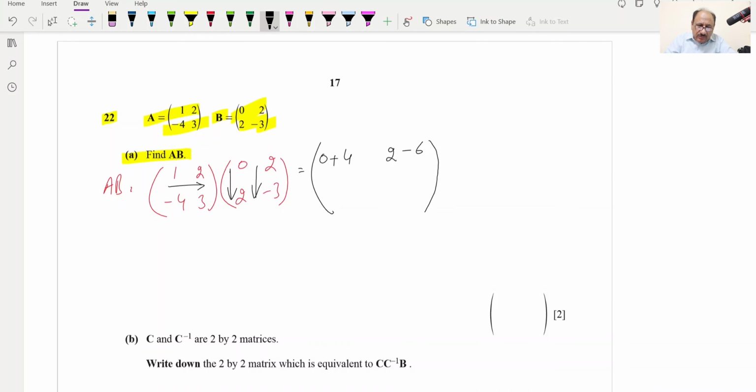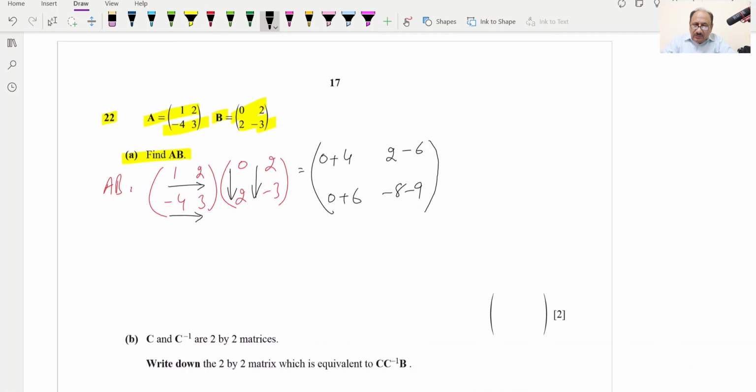And now we can write the third term, second row and first column. So minus 4 into 0 will be 0 and plus 3 into 2 will be 6. Then second row, second column. So minus 4 into 2 will be minus 8, and 3 into minus 3 will be minus 9 over here.